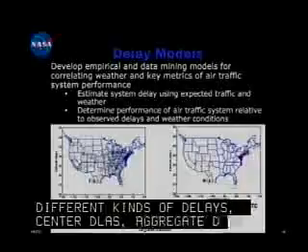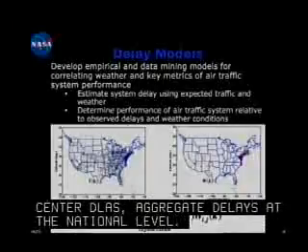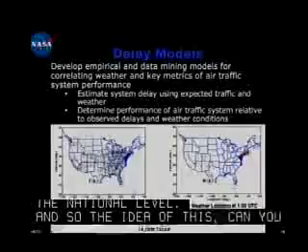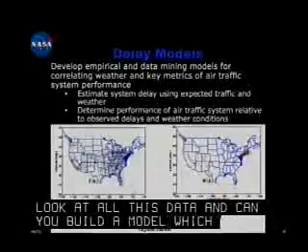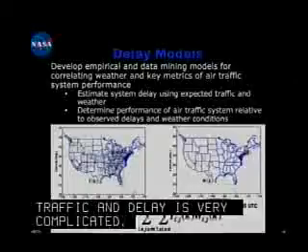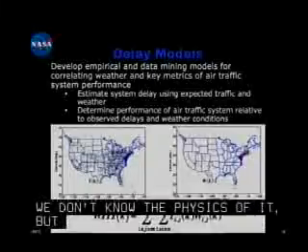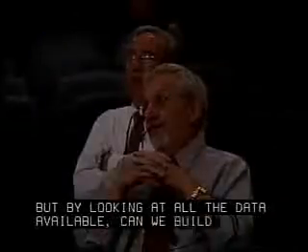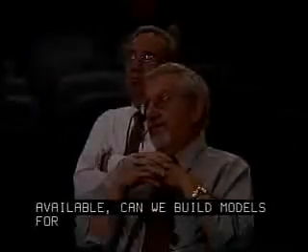And so the idea was, can you look at all this data and build a model? The relation between weather, traffic, and delay is very complicated. We don't know the physics of it, but by looking at all the data available, can we build models for delay and other system performance indices?